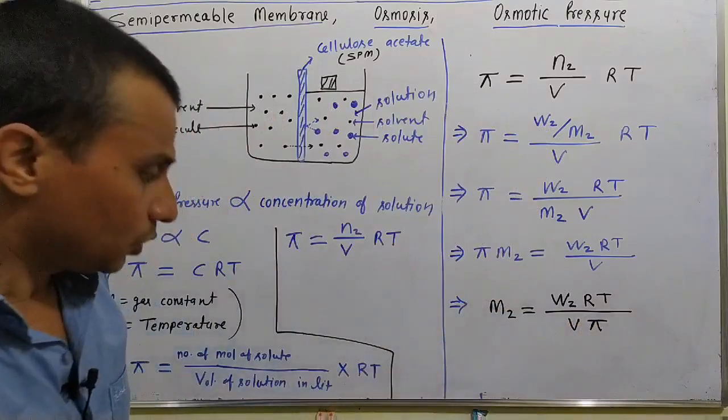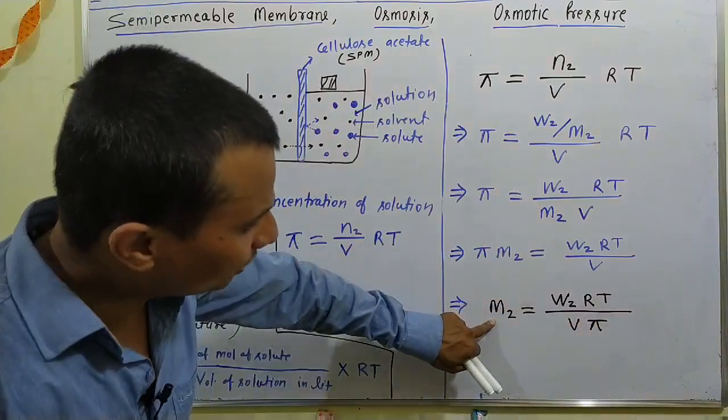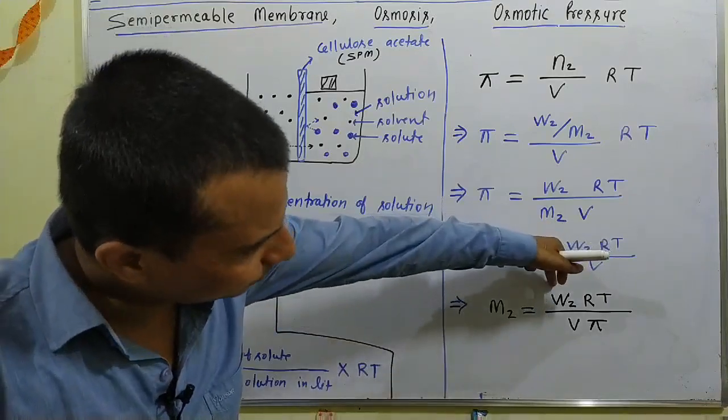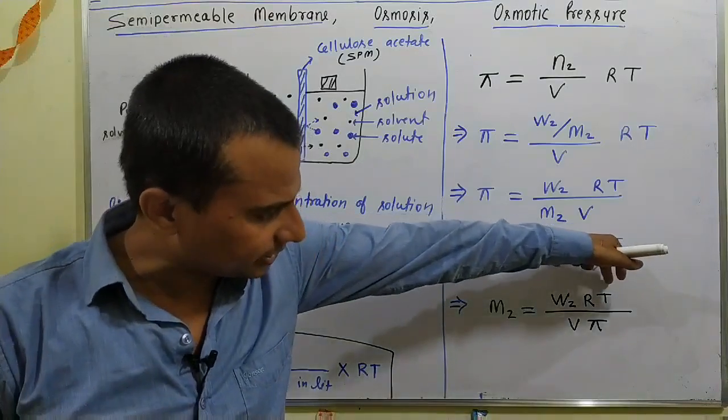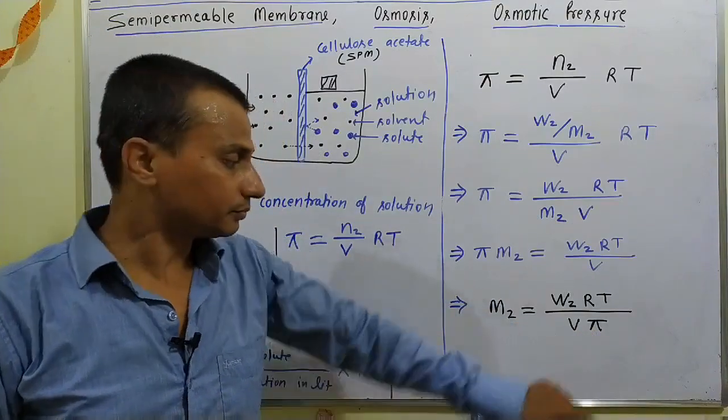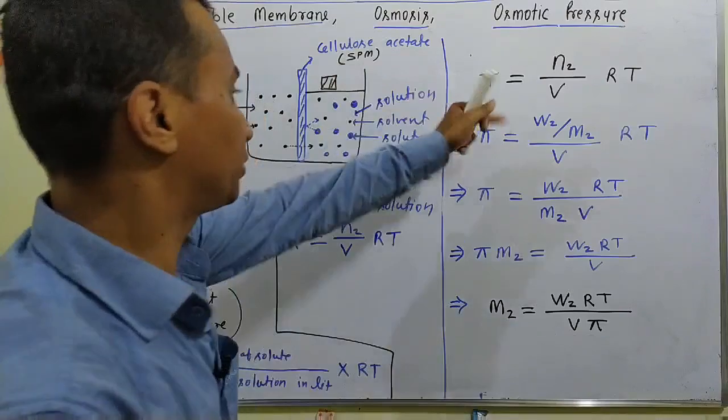This is the formula to find the molecular mass of solute, given the weight of solute W2, R the gas constant, temperature T, volume of solution V, and pi, which is your osmotic pressure.